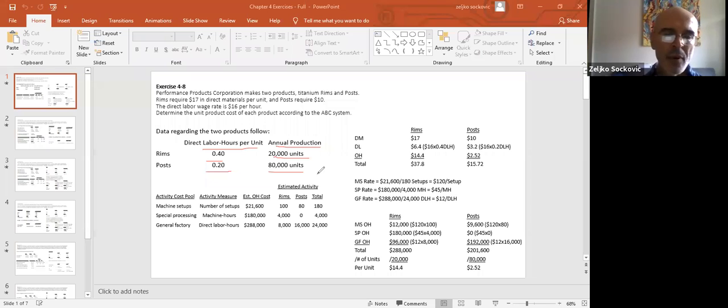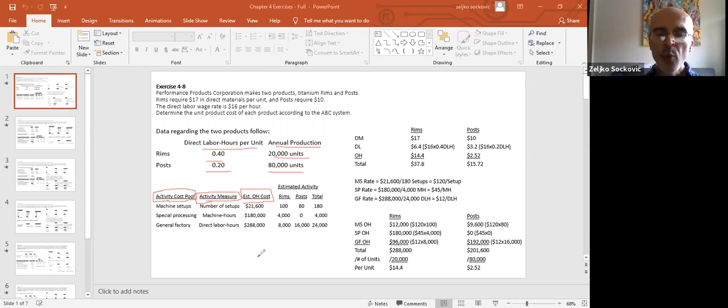With this, we are also given these activity cost pools. That's the whole point of activity-based costing, chapter 4. We are also given these activity measures, and we are given estimated overhead costs for these 3 measures, right?